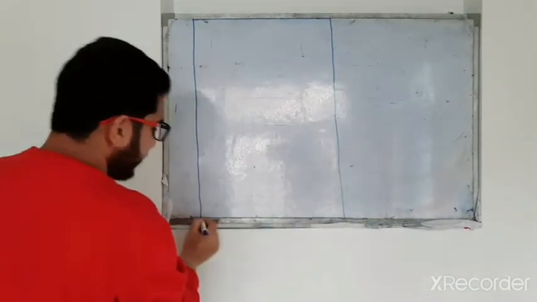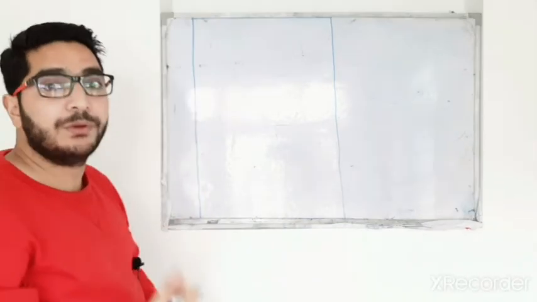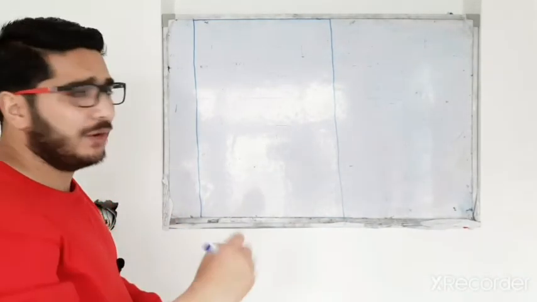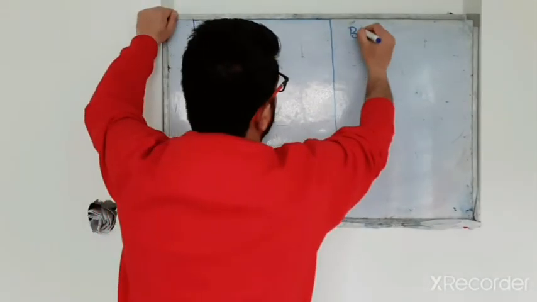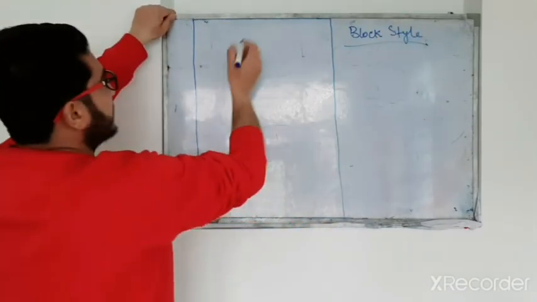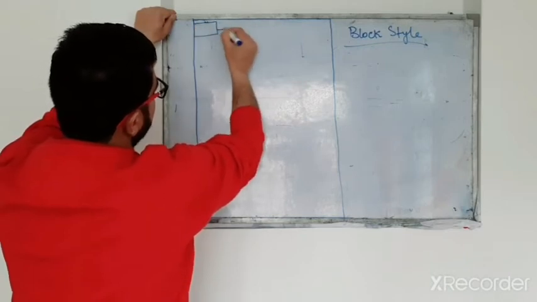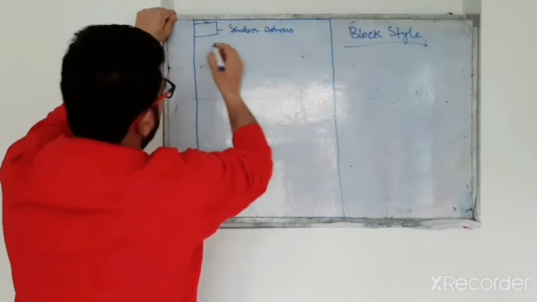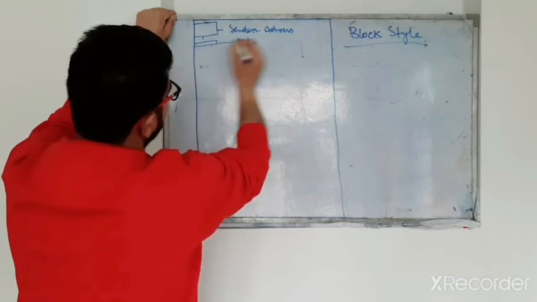Assume that it is a page of your laptop, your computer, your notebook, any page on which you write or type. See, block style. I am talking about block style. Sender's address, you will write here. And space, then date, you will write the date here.